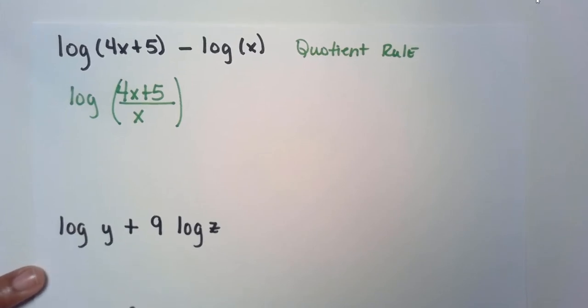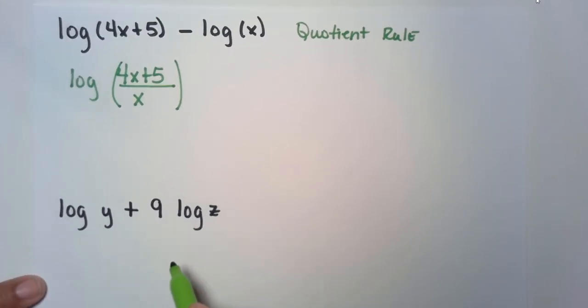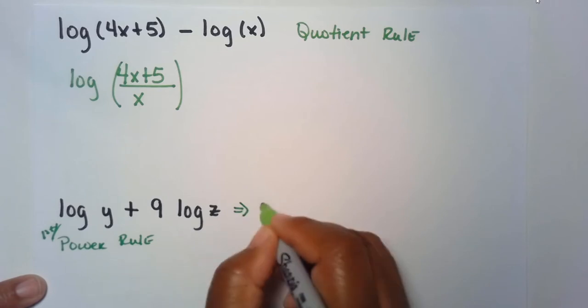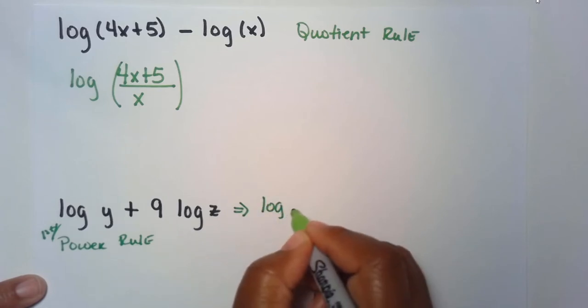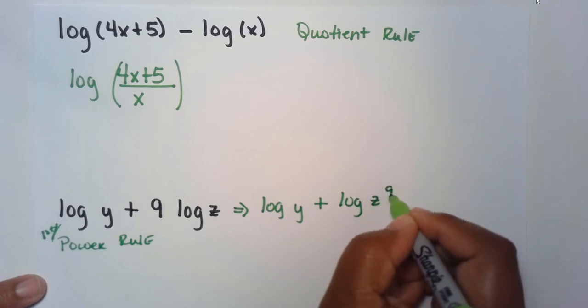Next example, we have here log of y plus 9 times log of z. So the first rule that we're going to use, because we have a 9 in front of this log, is the power rule. Okay, so log of y plus log of z to the 9th power.